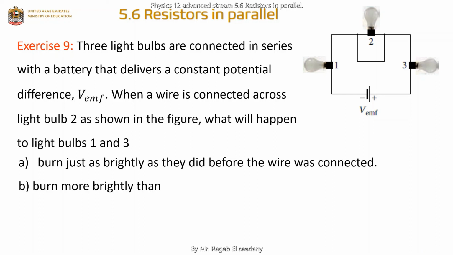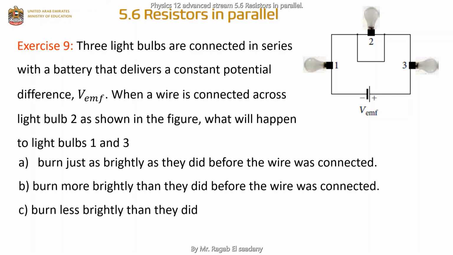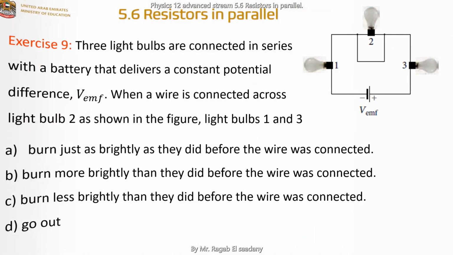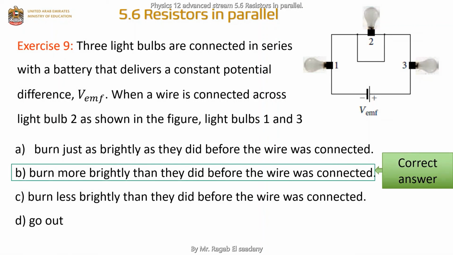B. Burn more brightly than they did before the wire was connected. C. Burn less brightly than they did before the wire was connected. Or D. Go out. The right answer is B. Burn more brightly than they did before the wire was connected.